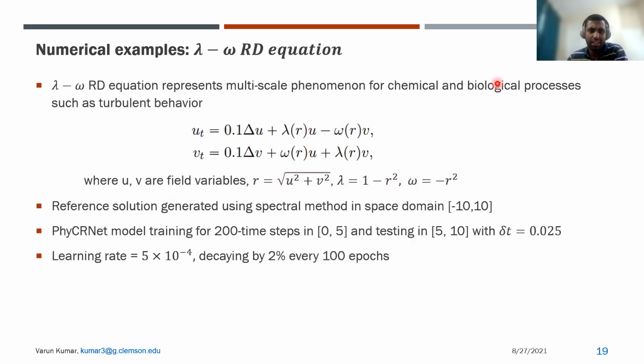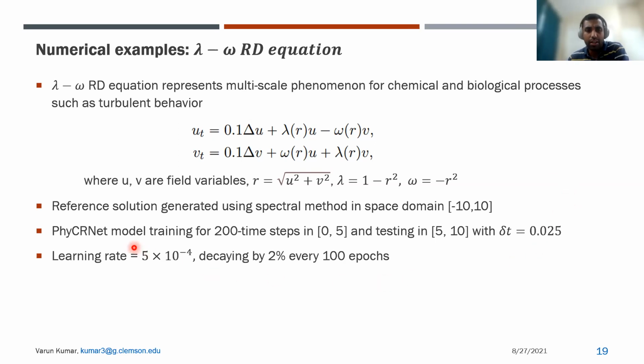So the second example they present was using a lambda-omega RD equation. This is basically a multi-scale phenomenon for chemical and biological processes, and it simulates turbulent behavior as well. And this is the representation for this set of equations. In this case, the reference solution is generated using a spectral method in the space domain -10 to 10.